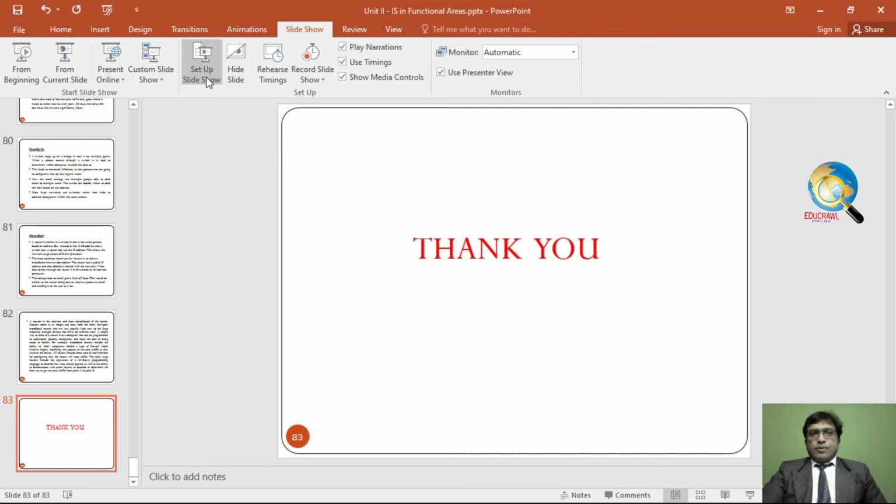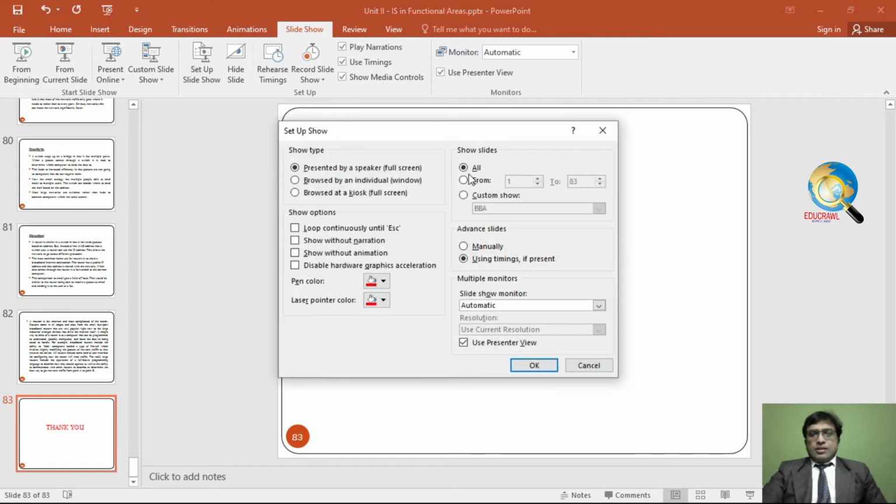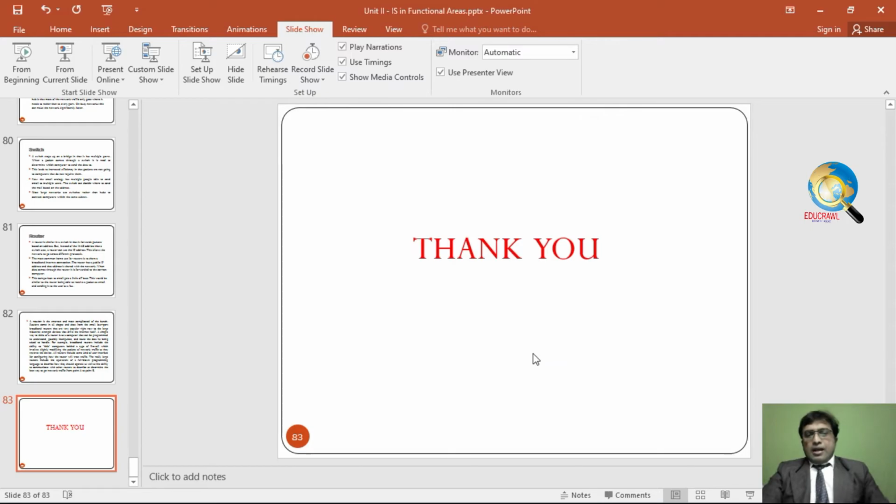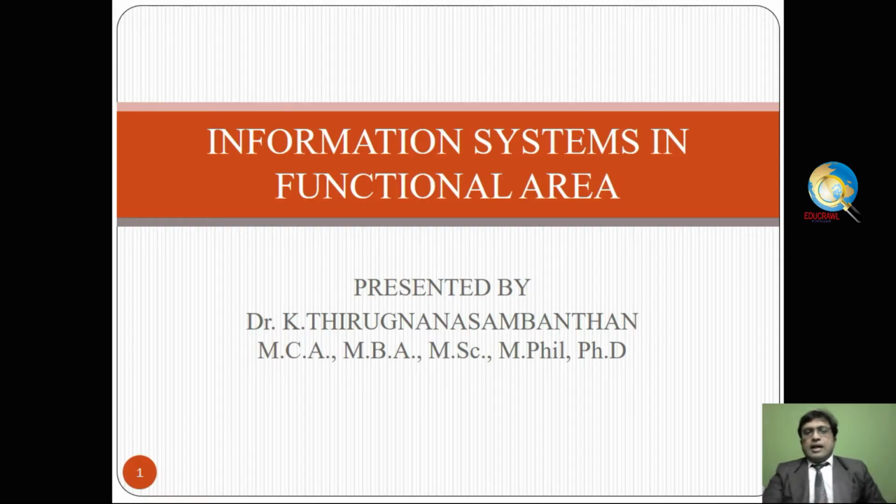In setup show, there is an option called show all slides. Okay. Normally if you click any presentation and if you click this, all the slides will be visible. You can also click custom shows, so that if you have created a custom show and you want to show that, you click OK, and if you press F5, that custom show will be visible which you have selected.